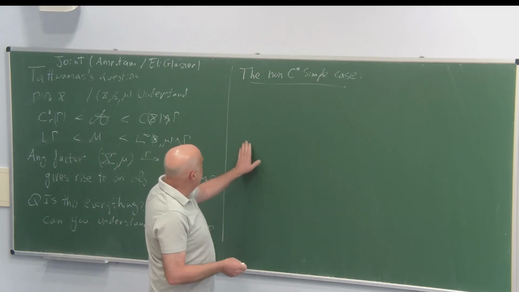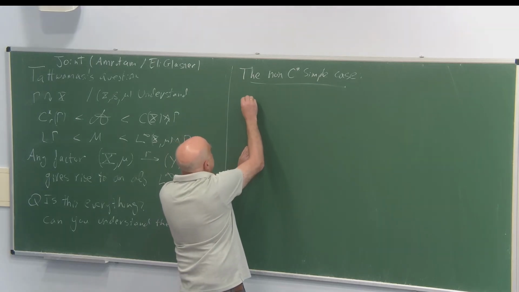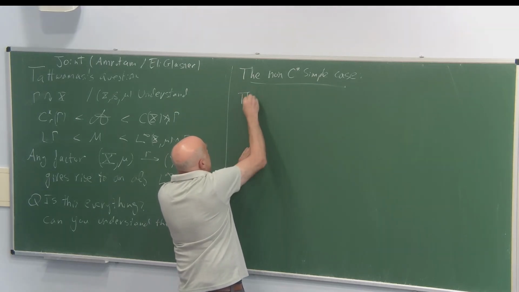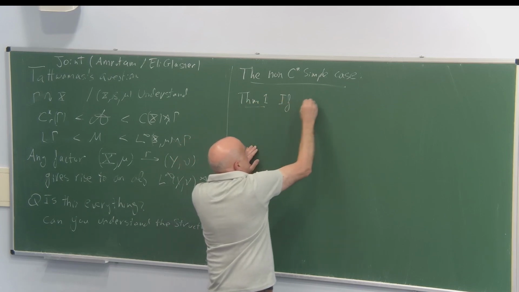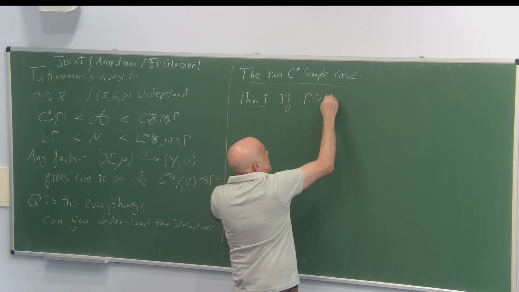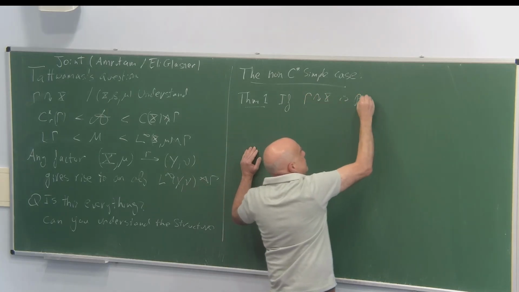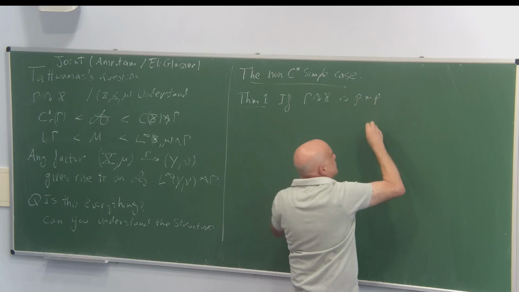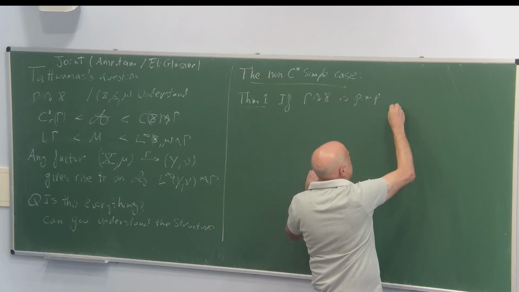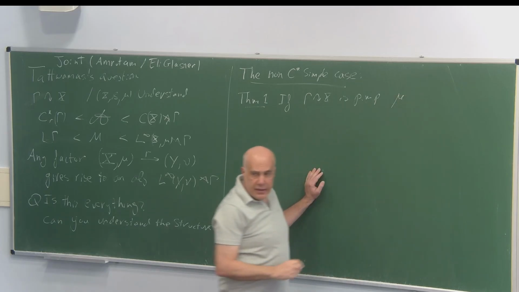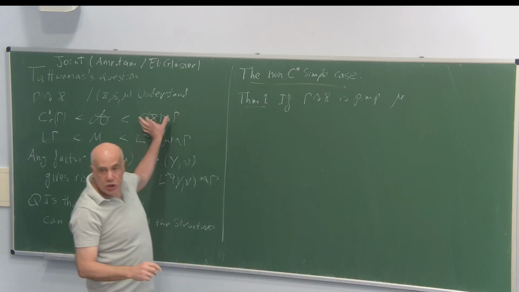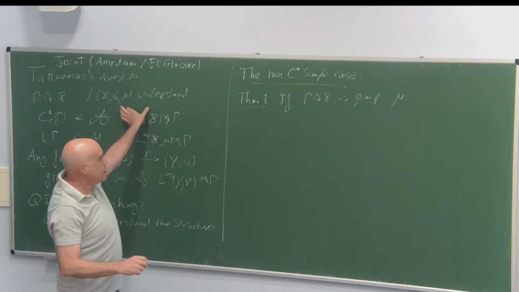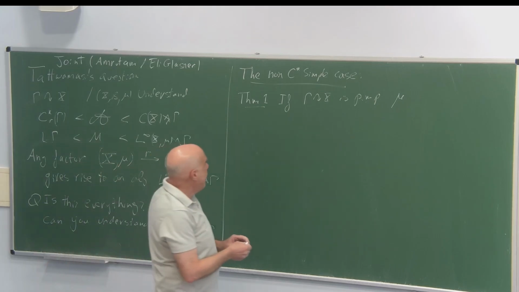So we have two theorems here. Theorem 1: if gamma acting on X is probability measure preserving, so there is some mu, an invariant measure on X. I'm still talking here about the topological dynamical setting, the C-star theoretic setting.